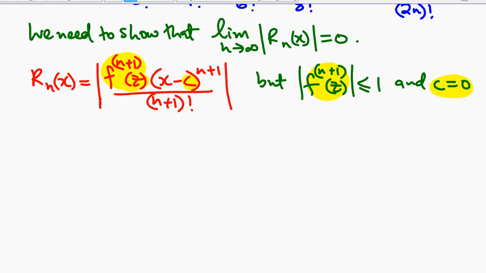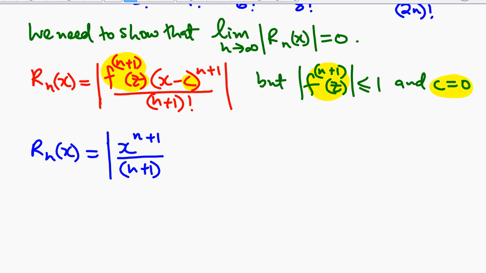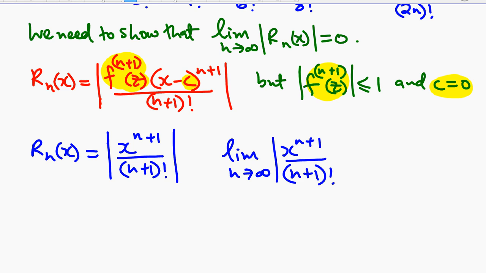So anyway, the remainder will be equal to the absolute value of x to the power n plus 1 over n plus 1 factorial. And we have already shown in the previous videos that the limit of this will be equal to 0 as n approaches infinity. So I'm not going to go through all those steps again and again.